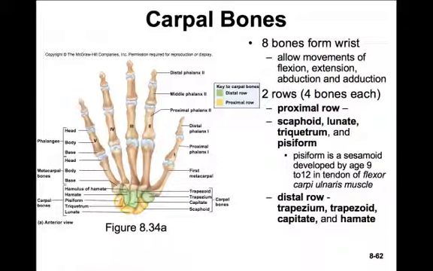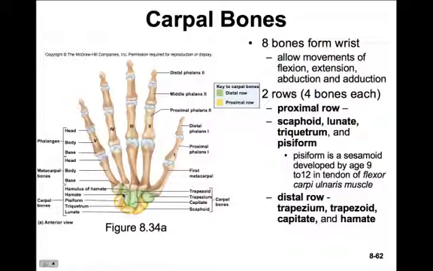The proximal row contains the scaphoid, the lunate, the triquetrium, and the pisiform. The distal row from the thumb side across contains the trapezium, the trapezoid, the capitate, and the hamate.